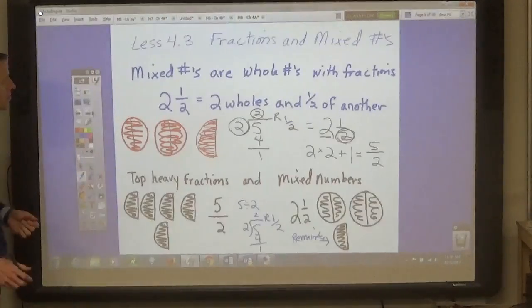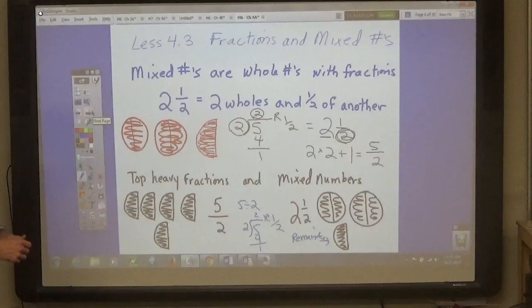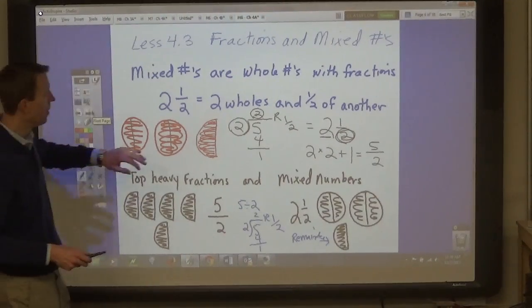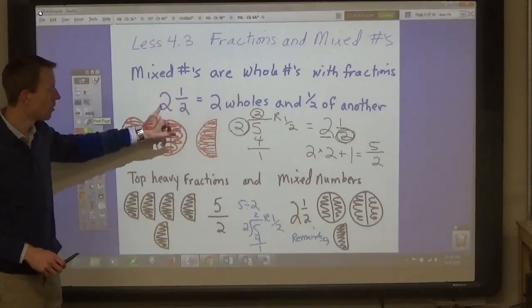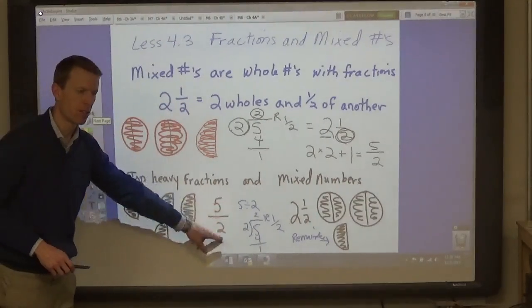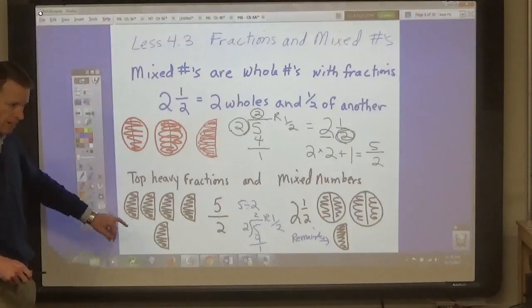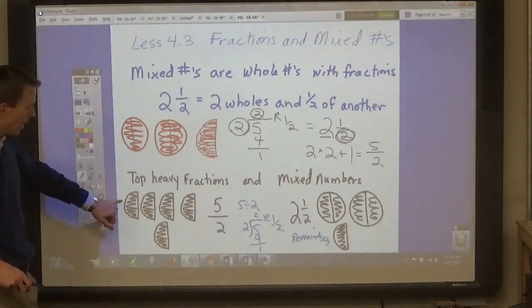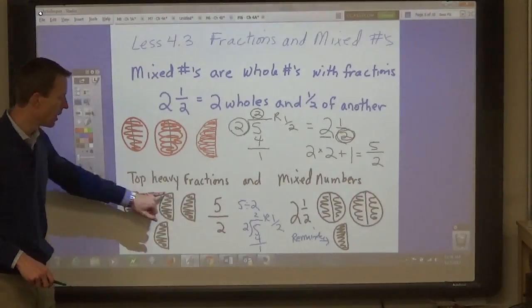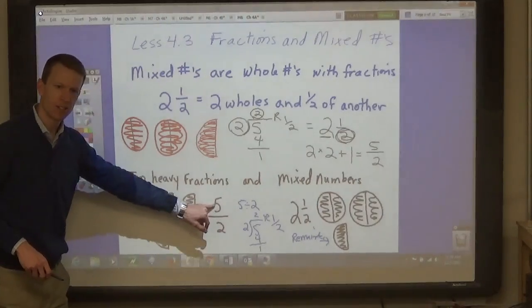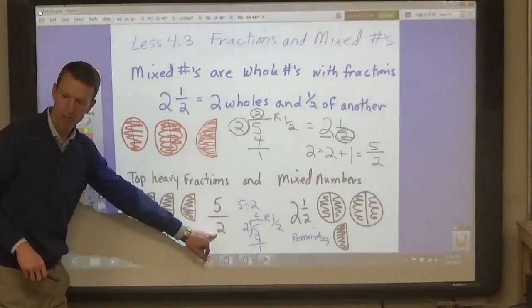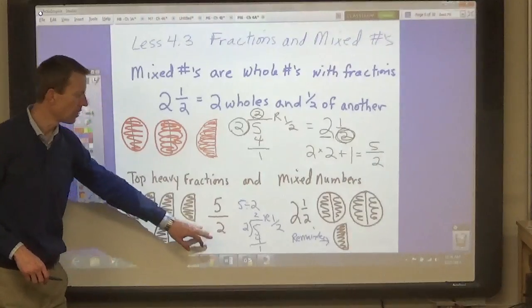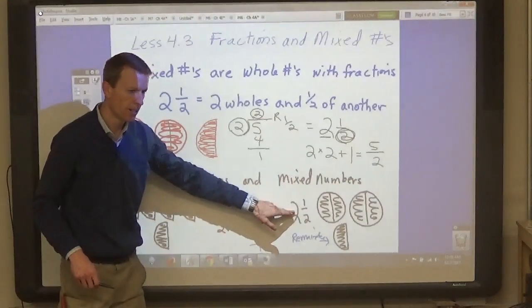Alright? Then we talked about fractions and mixed numbers. We know that mixed numbers make top-heavy fractions. And in order to get a mixed number, divide the top number by the bottom number. That gives us how many whole numbers we can make.